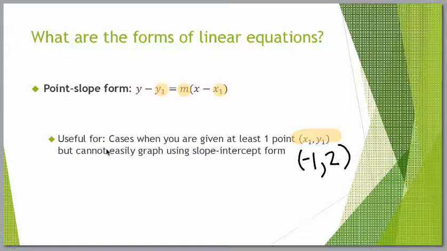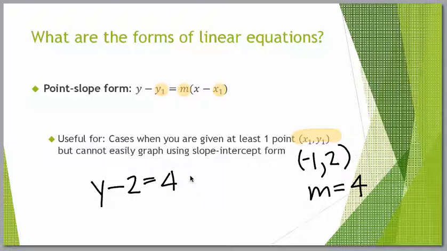So here we go. Remember, x and y stay, so we should have y minus our y1, which is going to be the y value from our point here, our coordinate pair. So y minus 2 equals m. So let's say our slope is 4.